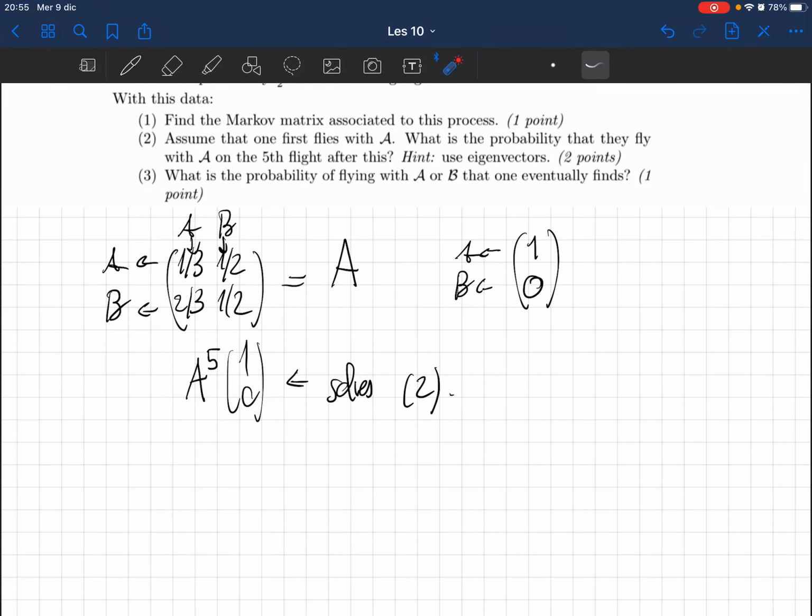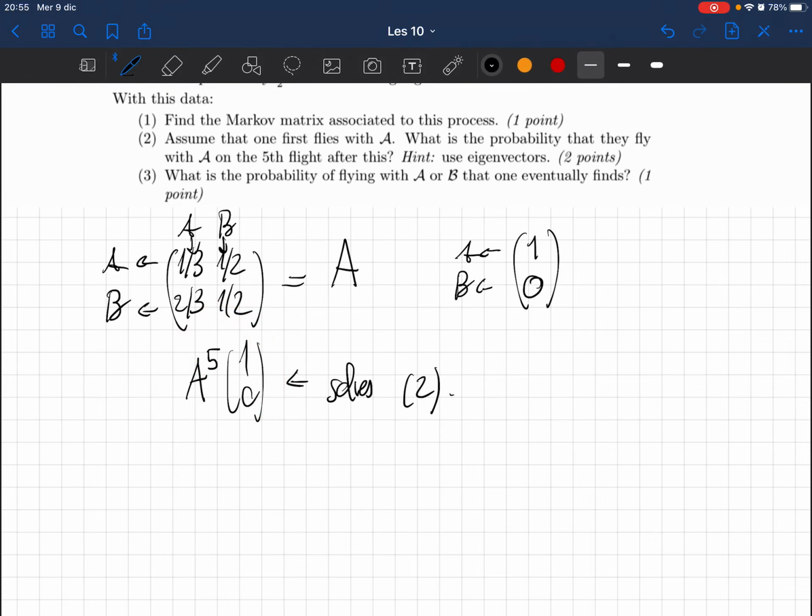And yes, a computer can do it, but we are smarter than computers, and so we devised a technique which enables us to work it out using eigenvectors and eigenvalues. So let's follow this hint first, make some computations about these eigenvectors and eigenvalues, and then see how we can use these to find this value.